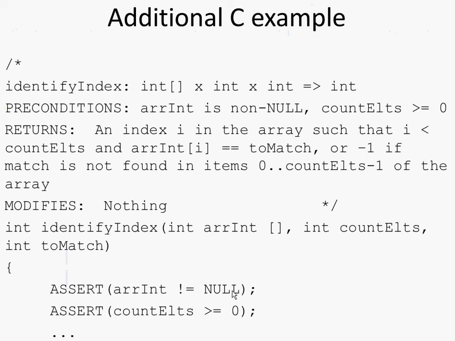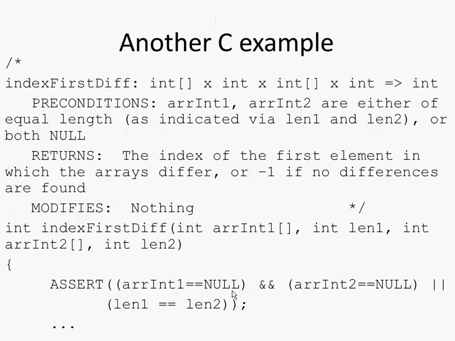Okay, here's yet another example. This example takes two arrays and each of their lengths, len 1 and len 2, and it returns the first index where those arrays differ from each other.